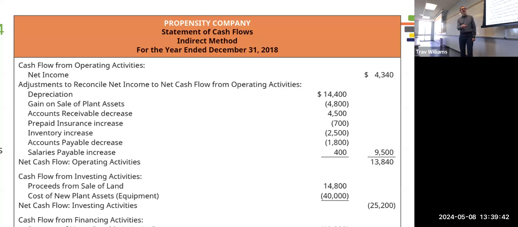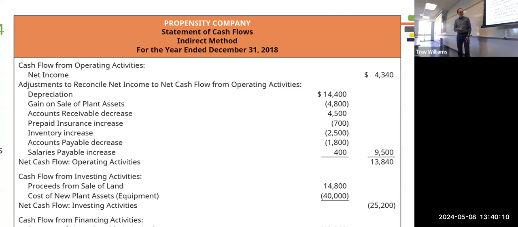That is how we get to our net cash flow from operating activities. Again, if we use the direct method, which we'll get to next week, we would come up to the same answer. We would just get there a different way. Any questions here on this indirect method, the operating section?